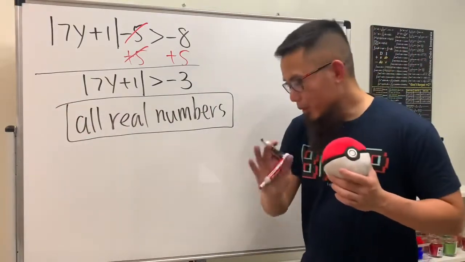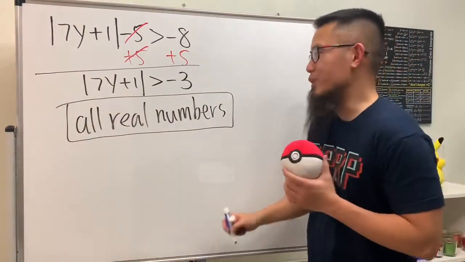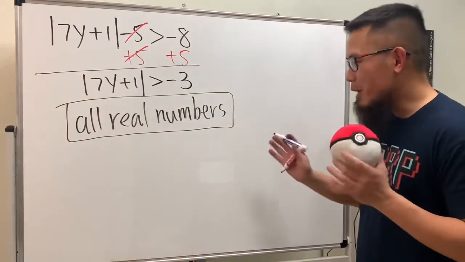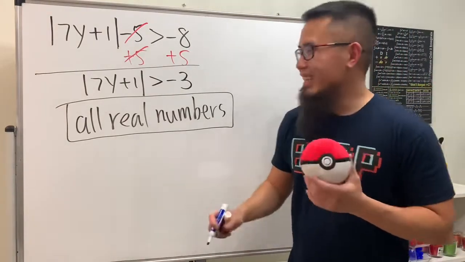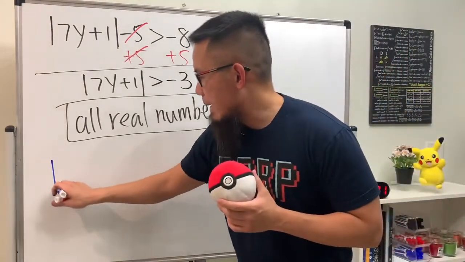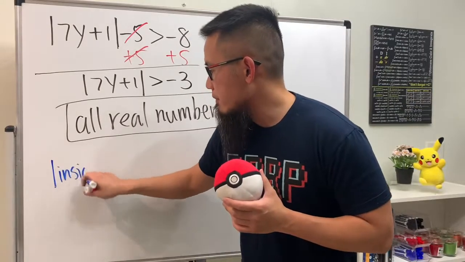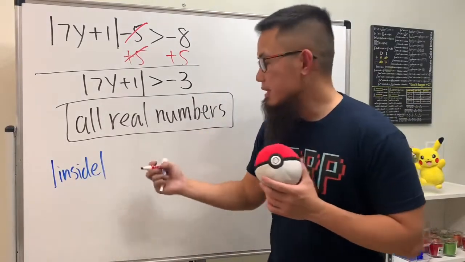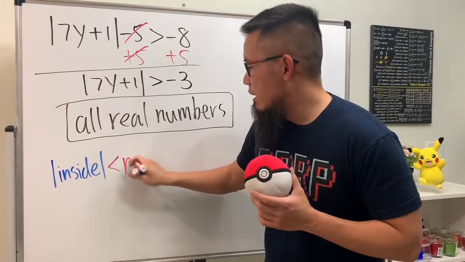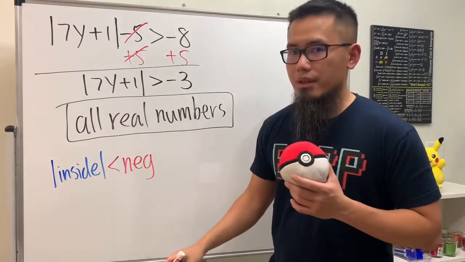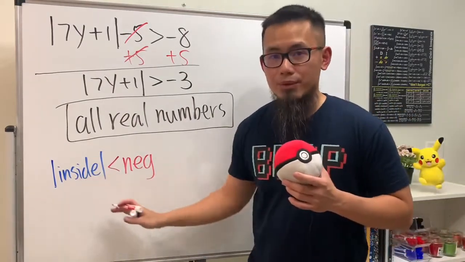Okay? But before we go, I would like to remind you guys what we should be doing, because these are some tricky situations. Here's the deal. When you have an absolute value less than a negative number, this is impossible. Why?